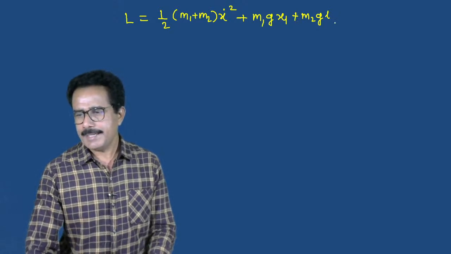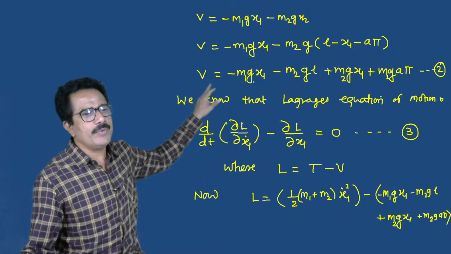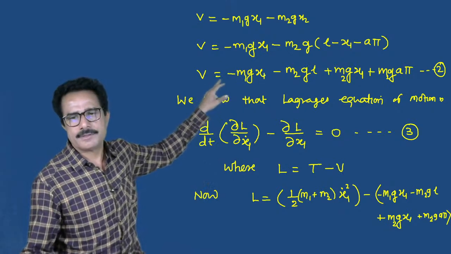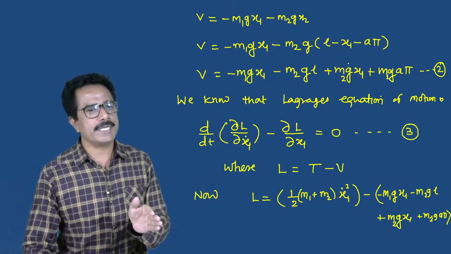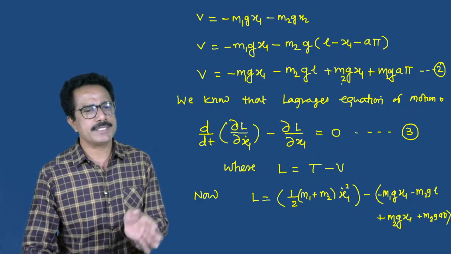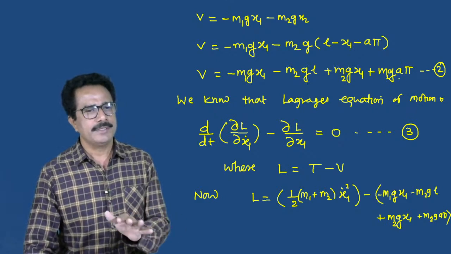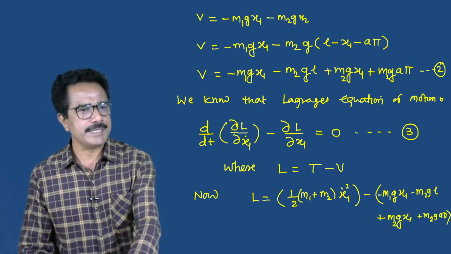Please check, see if something went wrong. m1 g x1, what is that? Minus minus plus, this will get cancelled, so minus minus plus will be plus. Okay, no problem. 3 terms will come, 3 terms.